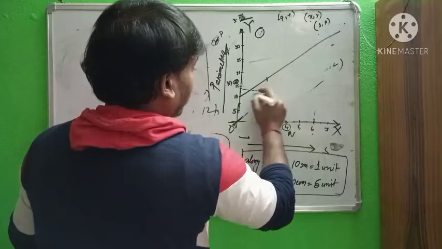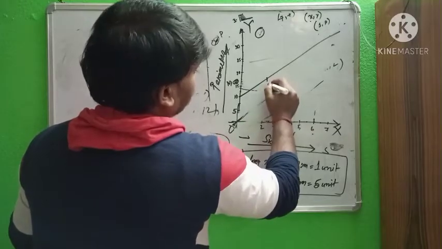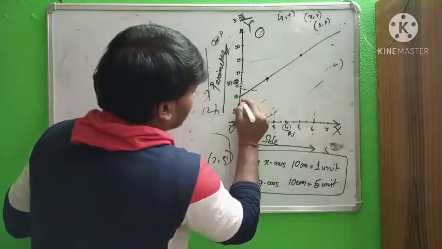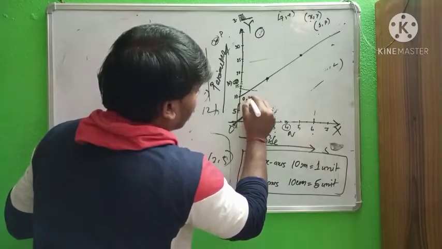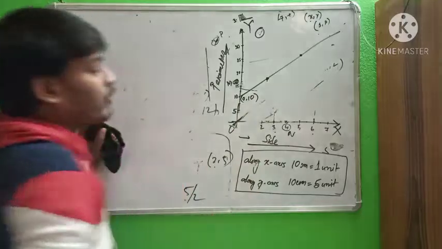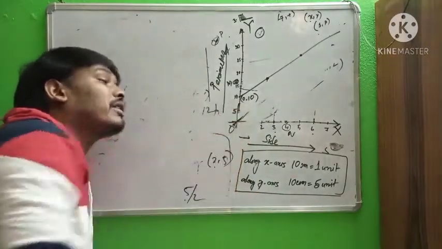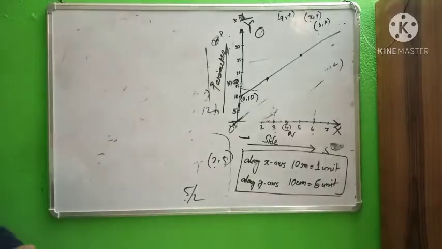Another equation is of this type. Here is one point, here is another point: 0 comma 10. One student asks me, sir, how do I put the point 0 comma 10 on graph paper?